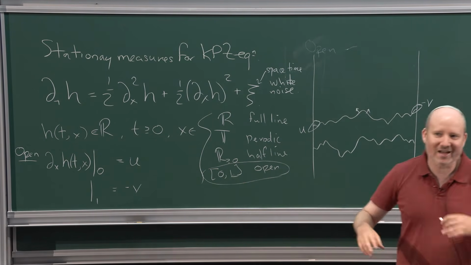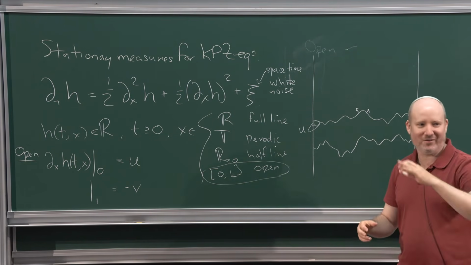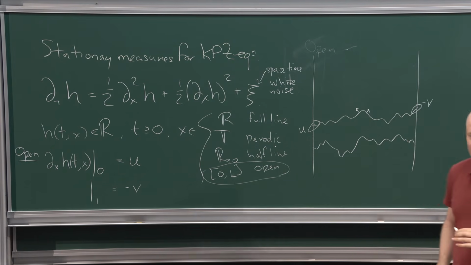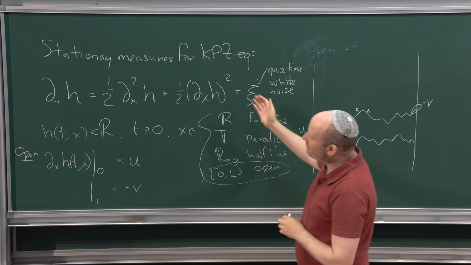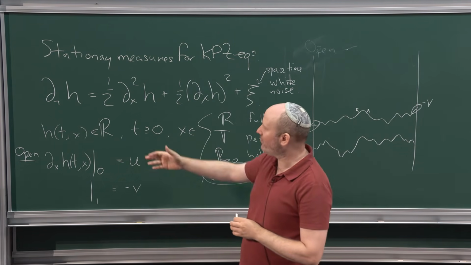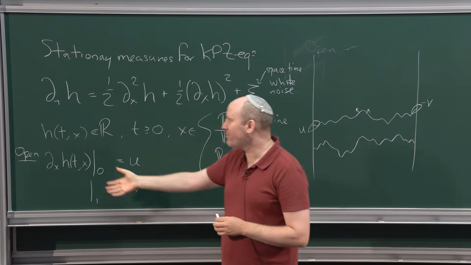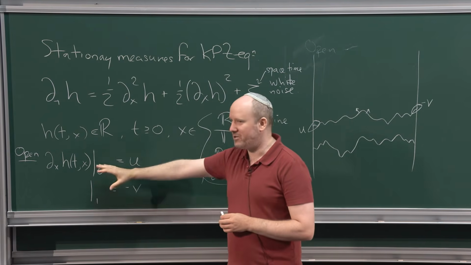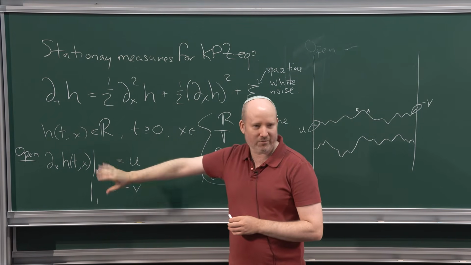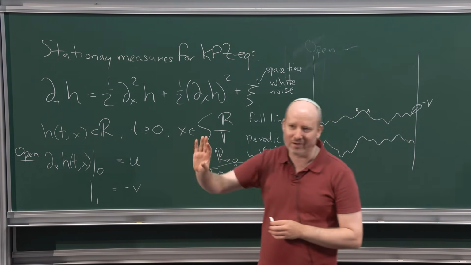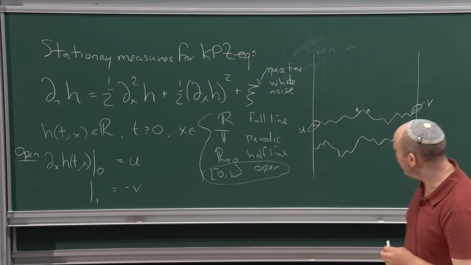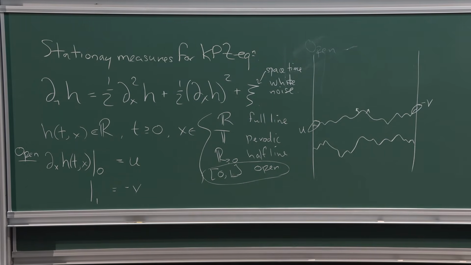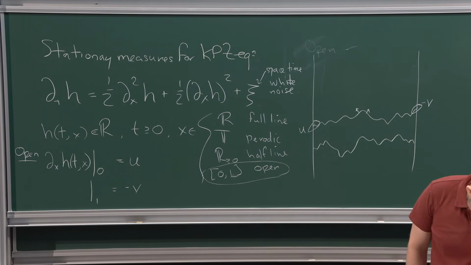Well, you can kind of say it looks locally like a Brownian motion with drift U, and that's more or less correct. But the way that you really make sense of this is that you exponentiate and you have a stochastic heat equation with certain Robin, mixed boundary conditions, and then that's a well-defined object, and you basically take the limit of that, or take the logarithm of that.